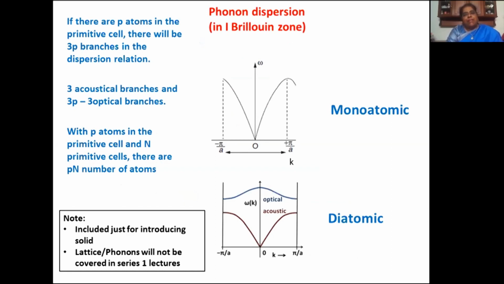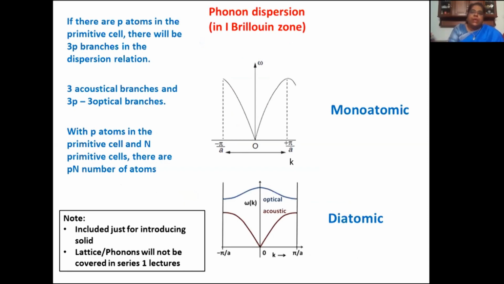Or rather, it is the magnitude of the reciprocal lattice vector k, the wave number. So k value between minus pi by a and plus pi by a is taken. Why only that range of k? Because that's the first Brillouin zone. I will explain why that range is always taken. Anything you investigate is only in that range. So the first Brillouin zone has got the significance. Why and how that significance comes to the first Brillouin zone, I'm going to explain.